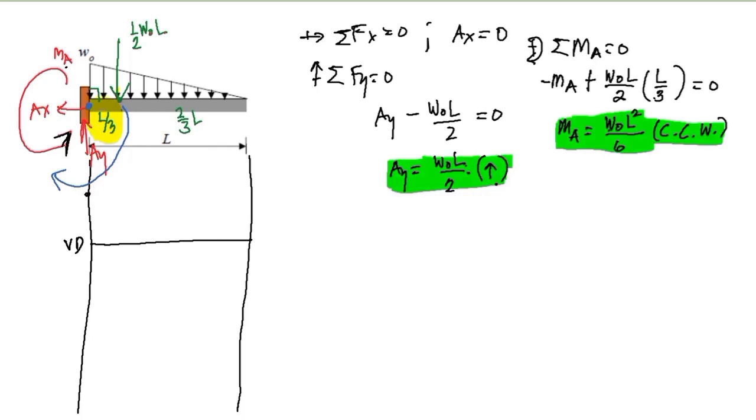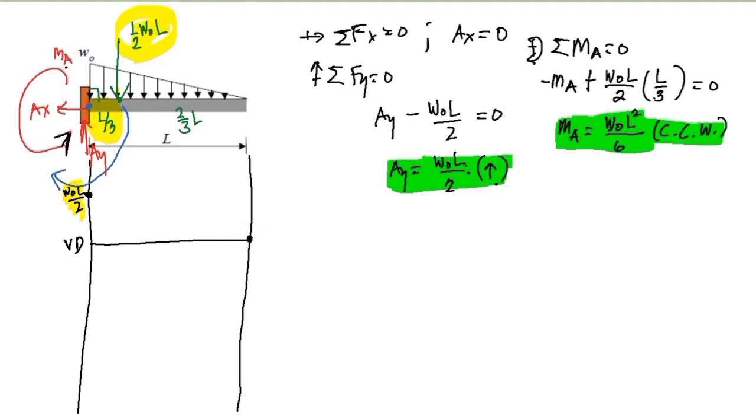So we have here W sub O L over 2. Yun yung magnitude ng shear natin dito. Now, we are going to subtract the resultant ng load natin, which is W sub O L over 2. So W sub O L over 2 minus W sub O L over 2, that would be equal to 0. So magsi-0 na siya dito.